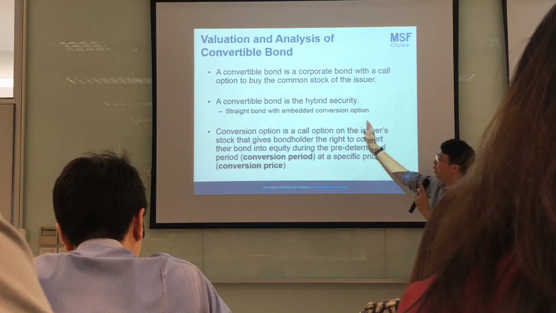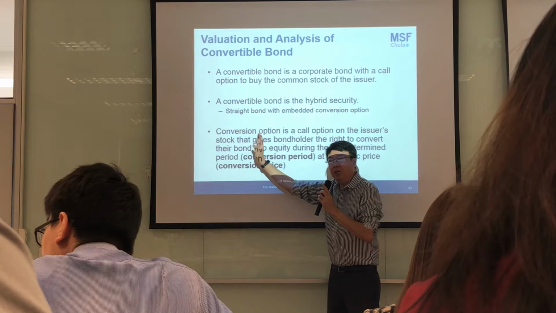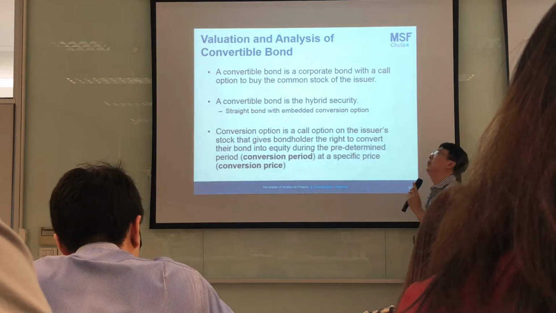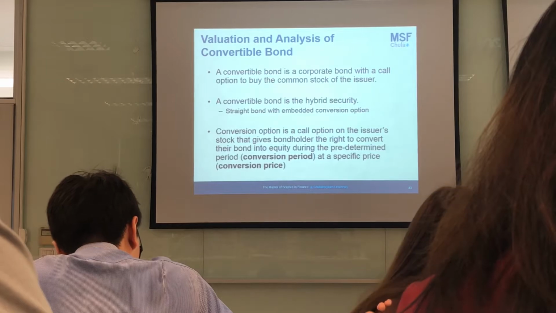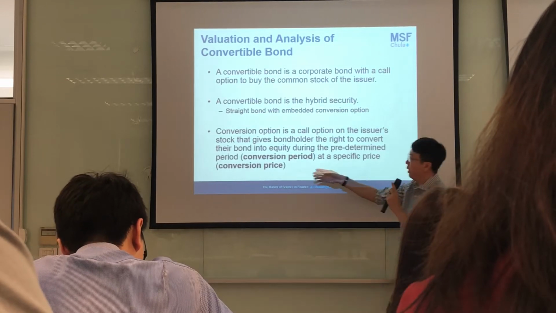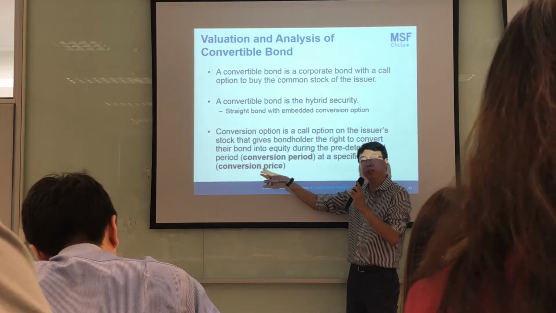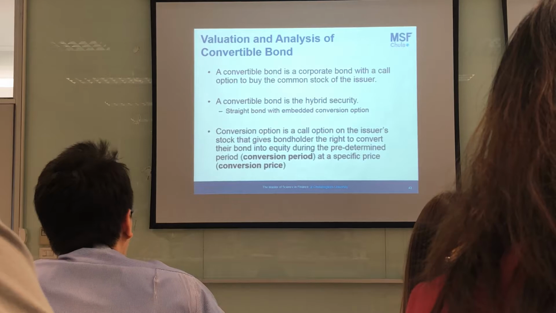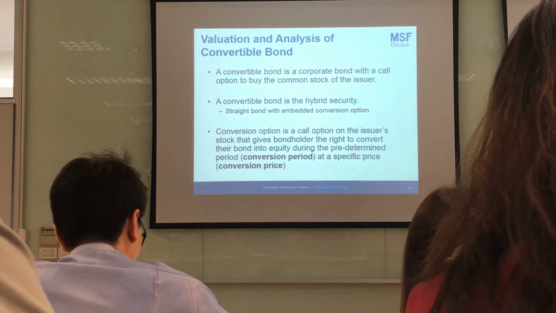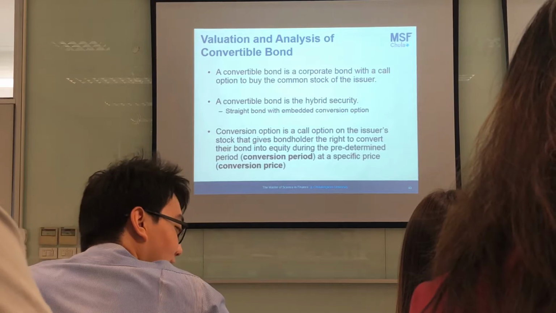Okay, there are some technical terms. The price at which the bondholder can buy the stock is called the conversion price. So this is actually the exercise price. This is the price that the bondholder can buy the stock, the issuer's stock.